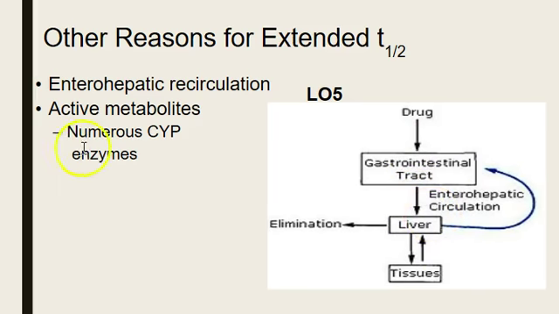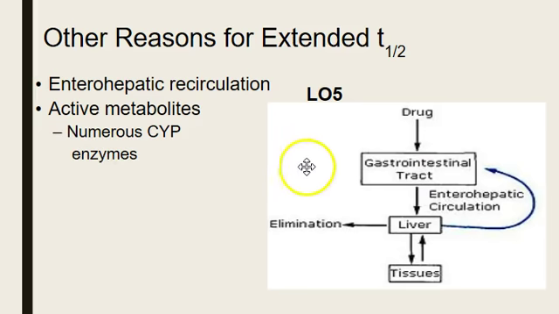And because there's numerous CYP enzymes involved in the biotransformation of these drugs, a large portion of that dose gets converted into something else. Some of those other metabolic byproducts have longer or shorter half-lives than the parent compound. So this is portrayed nicely in another slide or so.